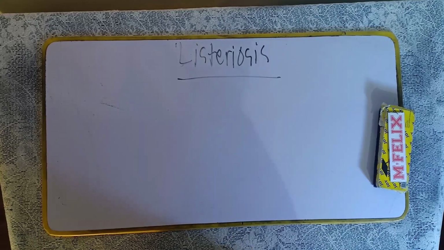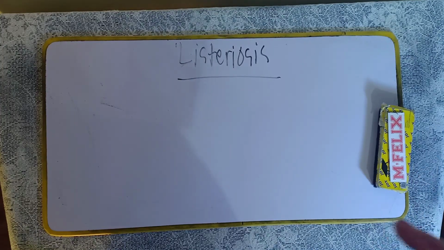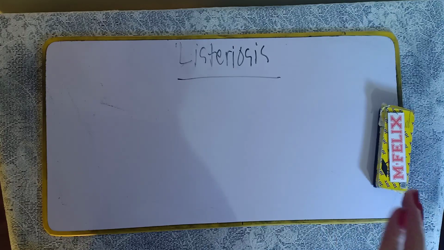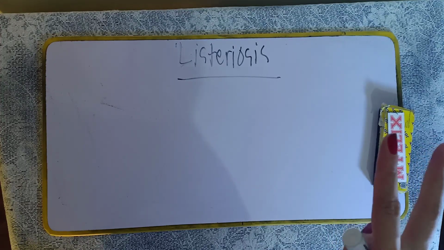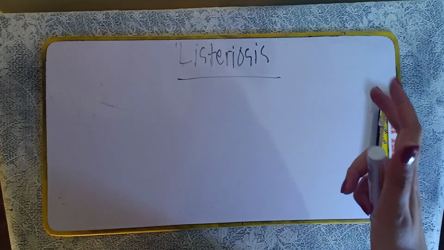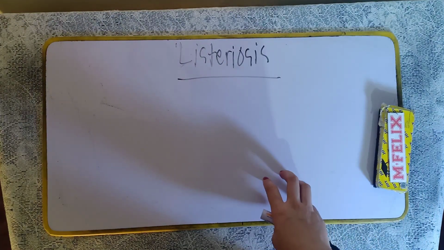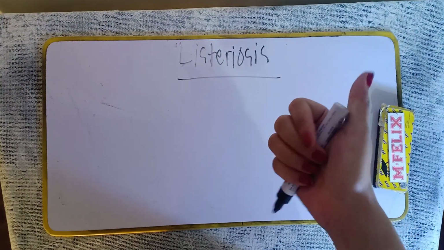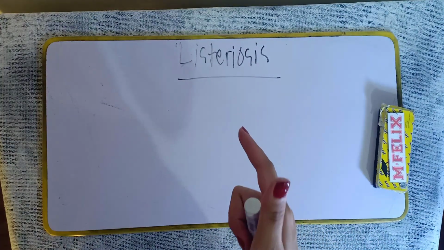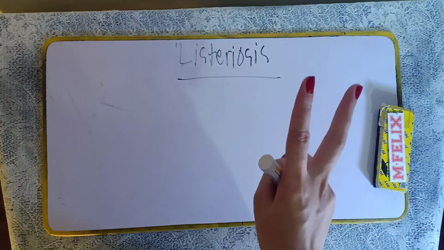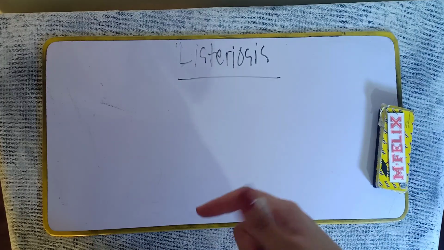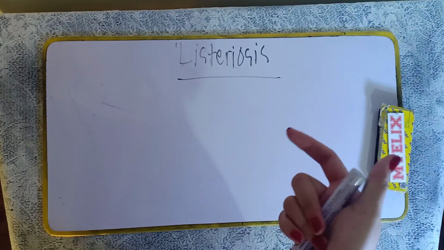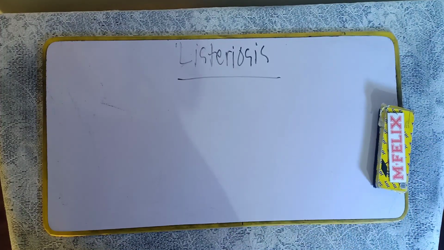Now, infections caused by this organism, we refer to as listeriosis. Now, this listeriosis is actually a serious infection, primarily of the neonates and pregnant women. Okay, so dalawa actually ang very susceptible dito when it comes to listeriosis, the newborn patients and the pregnant women. Aside from these two susceptible hosts, immunocompromised hosts are also affected by these organisms.